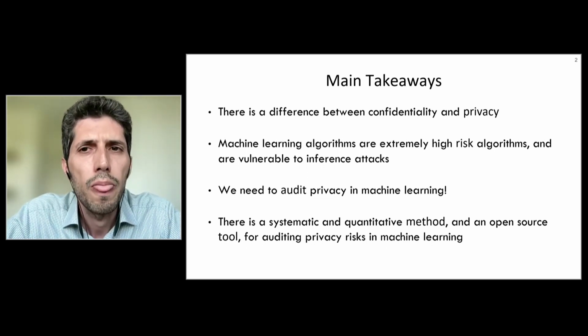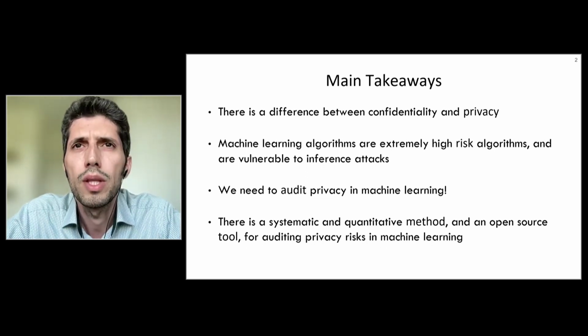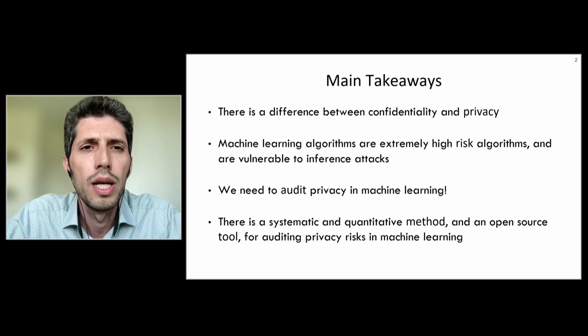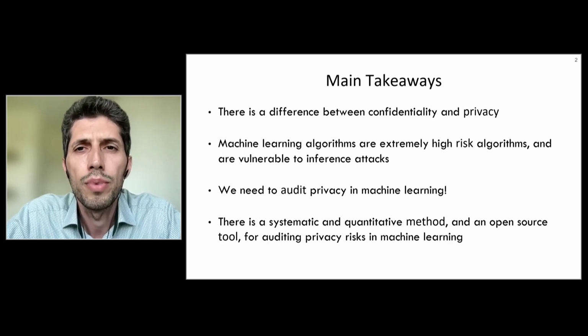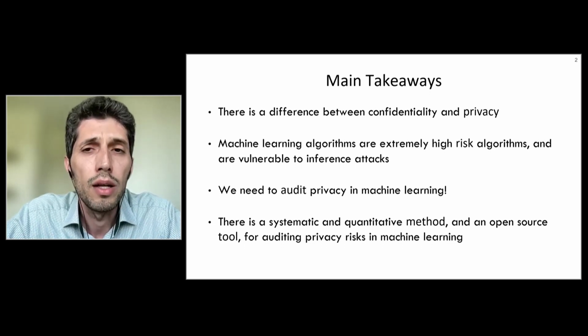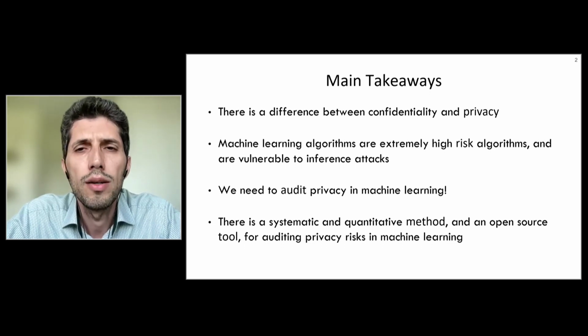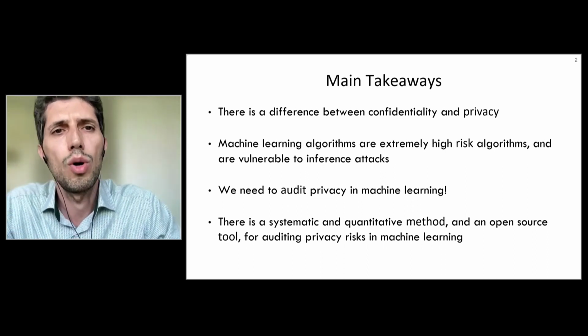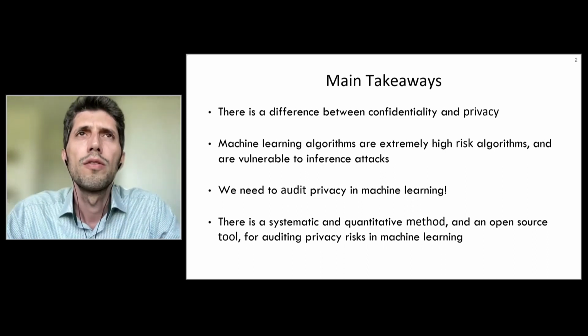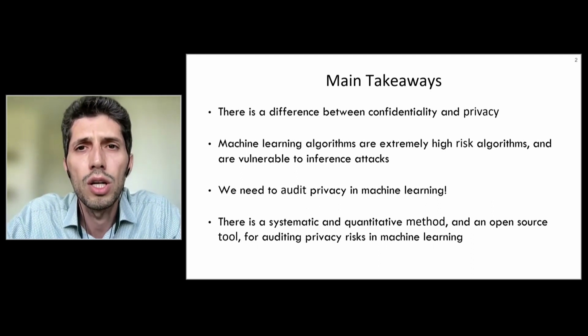And we will talk about how risky machine learning algorithms, especially large machine learning algorithms, are with respect to personal data, and that motivates why we need quantitative measures and algorithmic approaches for auditing data privacy for these algorithms and for machine learning.